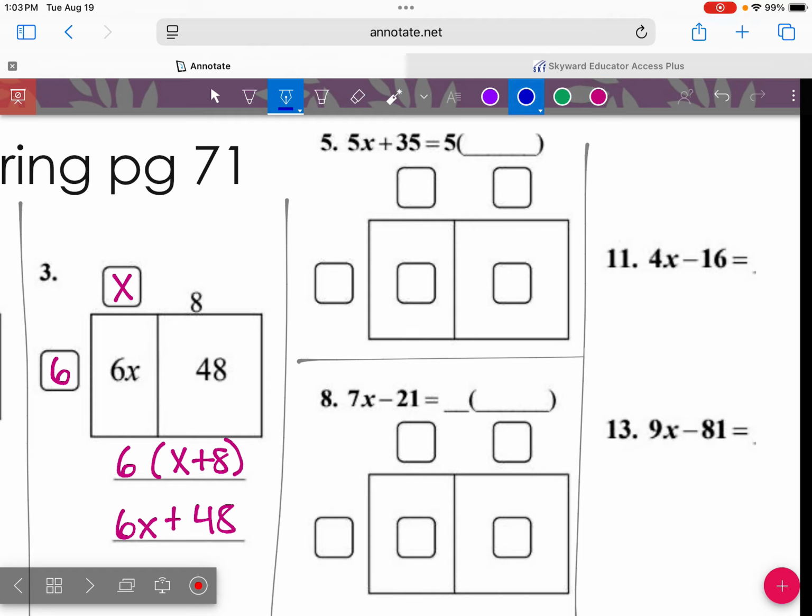If I divide them both by 7, then what am I going to be left with on the top? An x right here, and a minus 3 right here. So as a sum, we have our 7x minus 21, or we can do 7 times x minus 3. They're equivalent.